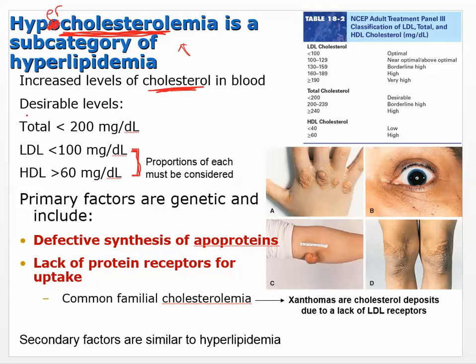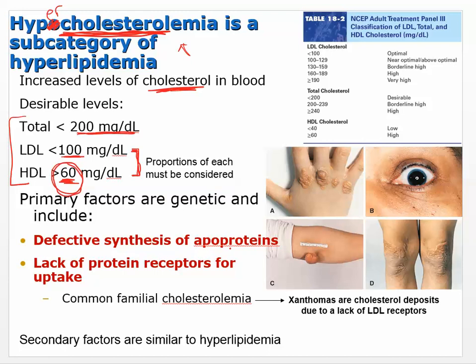These are numbers that you should know. Total cholesterol, 200 milligrams per deciliter. LDLs, you want those under 100, and you want your HDLs over 60. Again, my total cholesterol may be 210, but if it's mostly caused by an enormously high level of HDLs, that's okay.